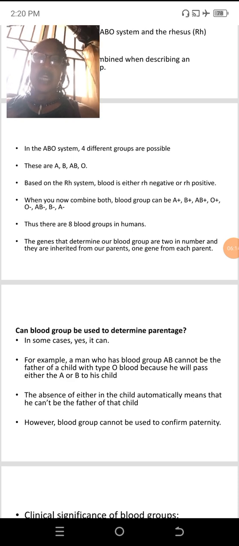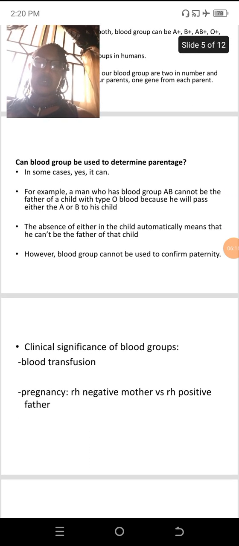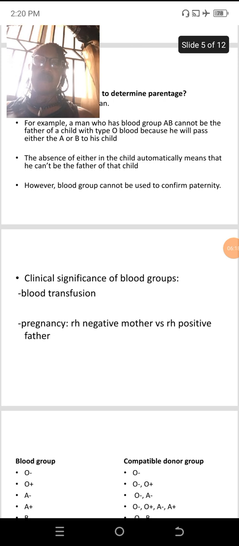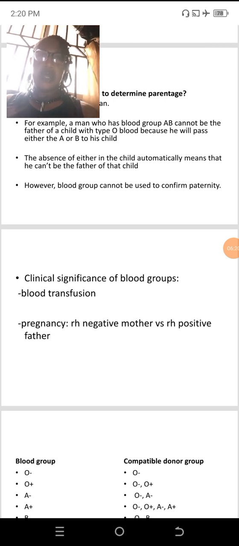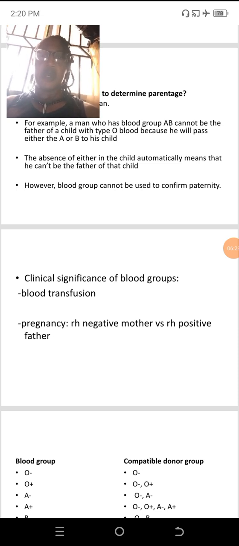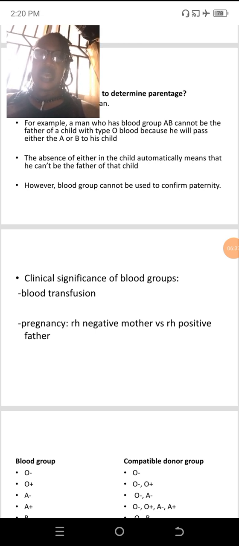So what are the clinical significances of blood groups? Number one, it is important to know an individual's blood group in cases where the person requires blood transfusion. What does that mean?